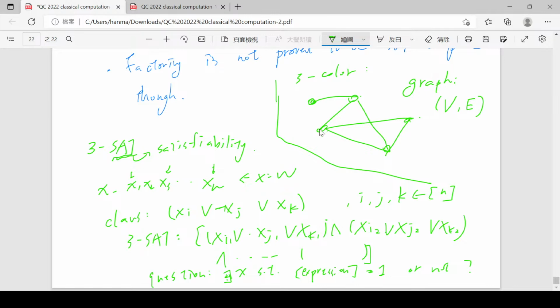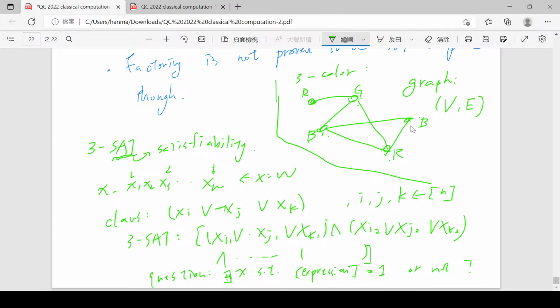And 3-coloring just says that we'll give you a graph like this. Then can you color the vertices with RGB? So let's say this is R, and this is G, and this is B. And this is R, this is also B. Can you color them with, say, RGB, such that every edge has different colors on its 2 sides?